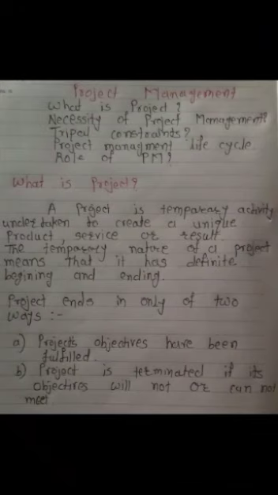Product if it is machine-related manufacturing, service if offering a service, then result if your project is from a software point of view. So a project is nothing but a temporary activity which is used to fulfill all the activity related to that product, service and result. That is called the project.